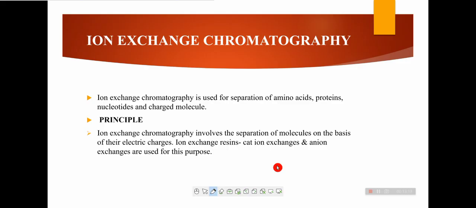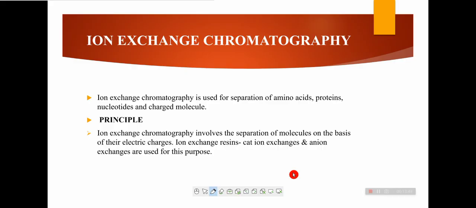Now, talking about ion exchange chromatography. It is also widely used in the laboratory. It is used for the separation of amino acids, proteins, nucleotides and other charged molecules. As the name implies, it is based on the exchange of ions between molecules on the basis of their electric charges.